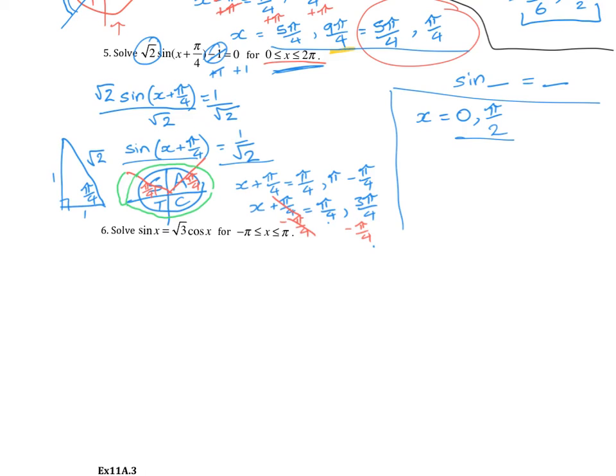All right, next question. Solve sine x equals root 3 cos x for x between negative pi and pi. All right. So you see sine and cos in it. What can we do? We can use the identity that tan x equals sine x over cos x and use it by dividing both sides by cos x.